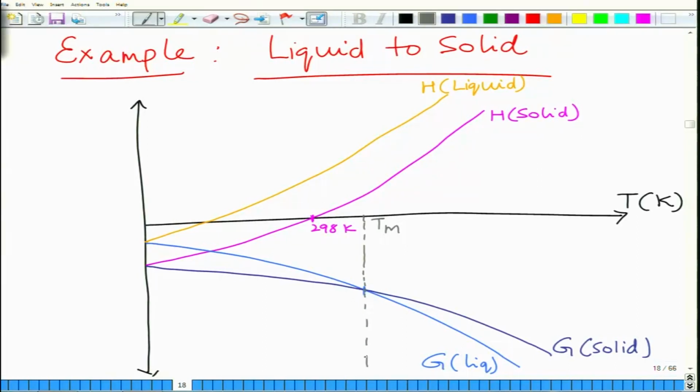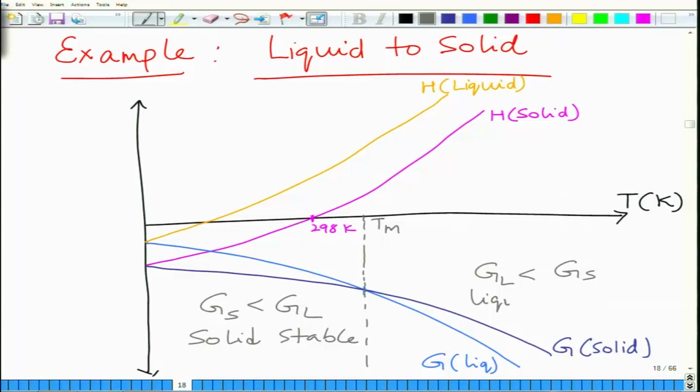So, in this regime Gs is lower than Gl, we can say solid stable. In this regime Gl is lower than Gs, we can say this is liquid stable regime.